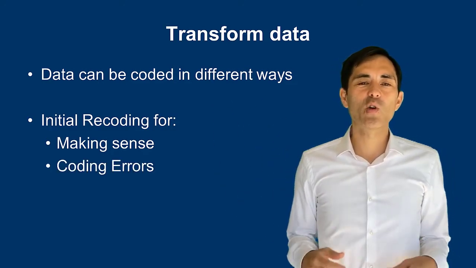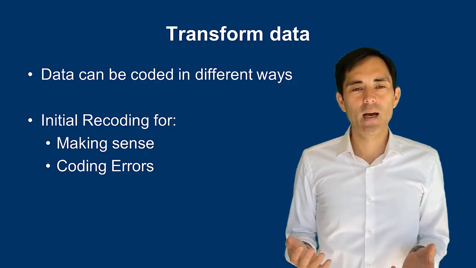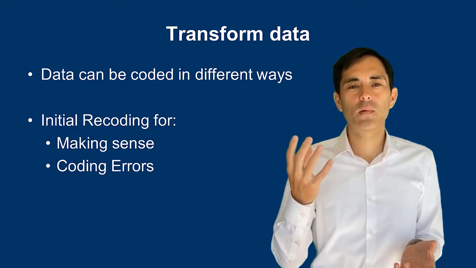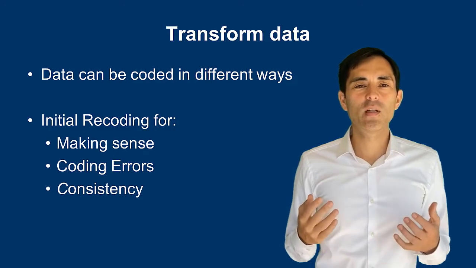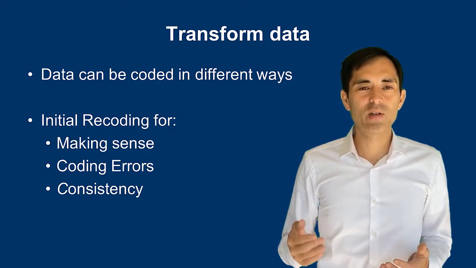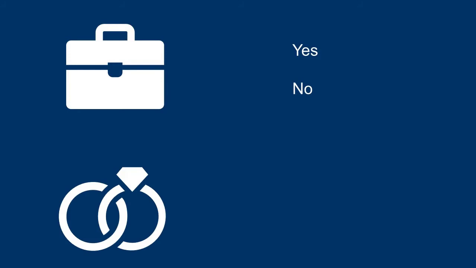Another problem could be coding errors. We have coded something wrongly, by mistake, and then we would like to fix that. Or maybe also for consistency. So we analyze a lot of dummy variables, binary 0, 1, yes or no. Do you have a job? Yes, no. Are you married?